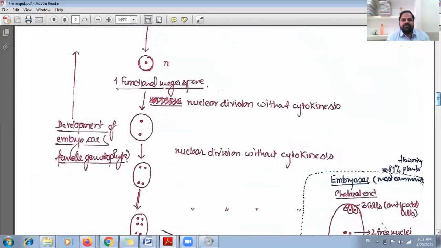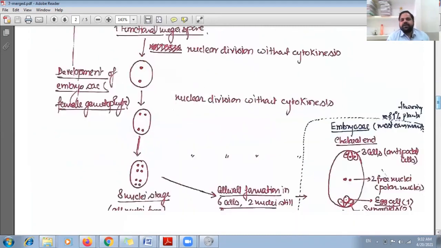And we have seen, after the formation of one functional megaspore, how the development of the embryo sac or female gametophyte takes place. So overall, two kinds of stages take place to form a proper embryo sac with two polar nuclei, three antipodal cells, two synergids, and one egg cell.